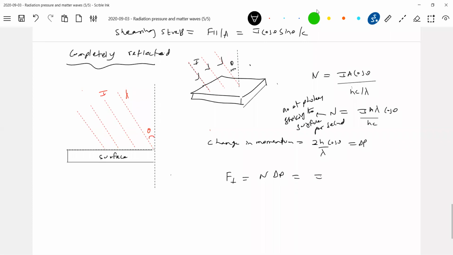So this should be equal to IA lambda by HC cos theta into 2h by lambda cos theta. So F perpendicular should be equal to 2IA cos square theta by C. So what is the radiation pressure?